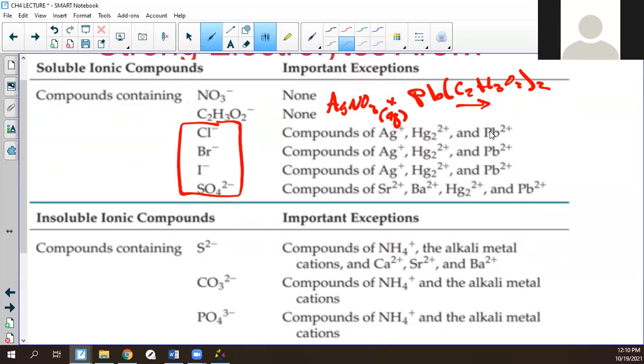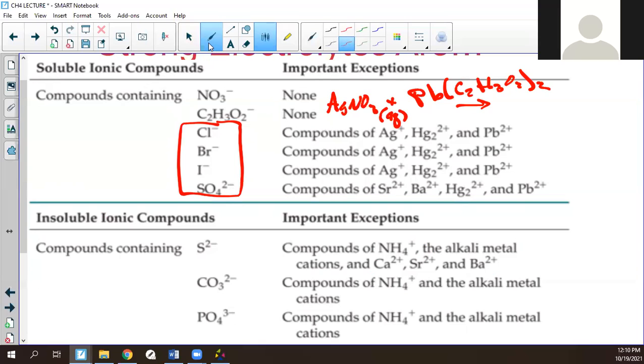And the answer would be no. There would be no reaction here because NO3 will dissociate from silver when placed in water, and NO3 will not hang on to lead when placed in water, and acetate will break up with lead and it won't reform with silver either. So nothing would happen. There'd be no reaction here.